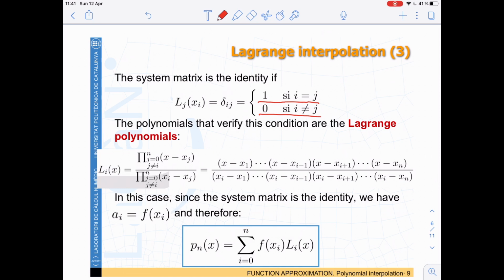This condition, this Kronecker delta condition, can be verified if Lagrange polynomials are defined in this manner.